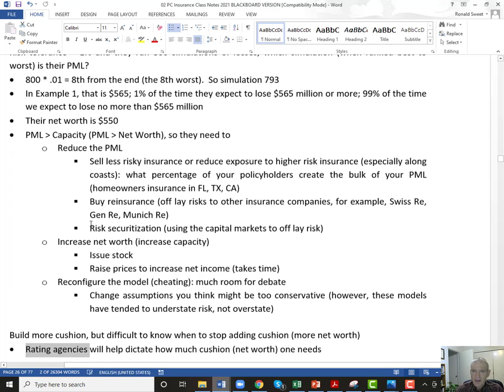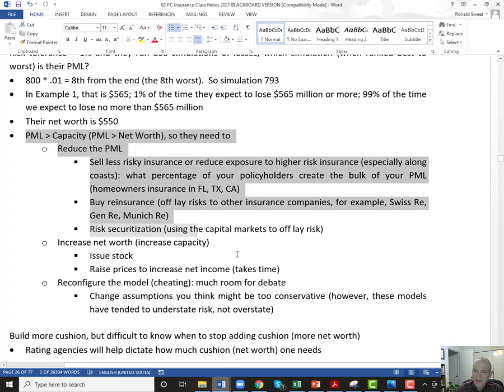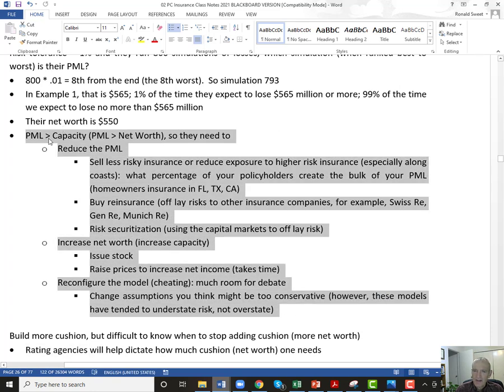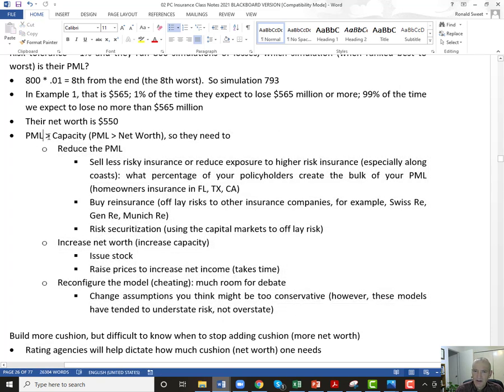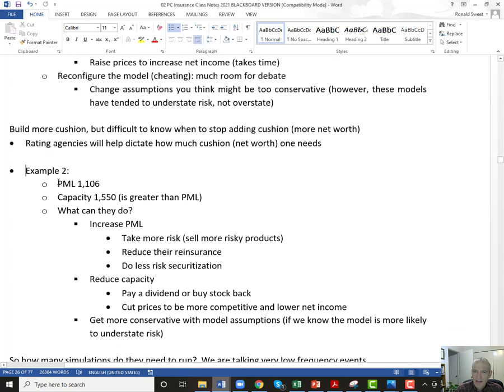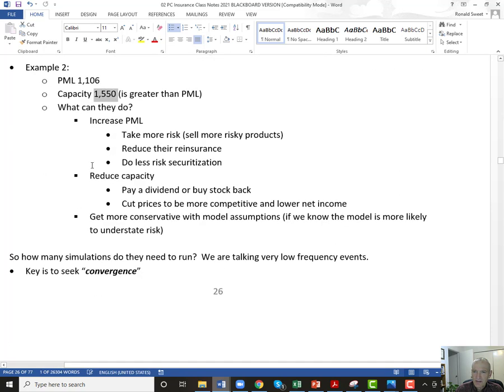All right, so if you don't have enough, and this is probably what I'm going to give you on the exam, is a firm that doesn't have enough, their PML is greater than their capacity. But what if we have a firm like this second example? Their PML is 1106. They have plenty of capacity. What can they do? Well, they could take on more risk. They could sell riskier products if they wanted to.